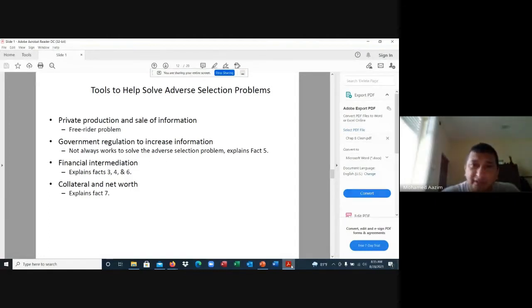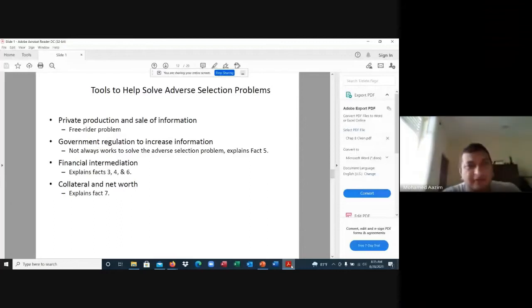Even if you see online sites, even for research, thesis writing, running models, there are publicly advertised sources where you can get their services for a fee. Right. So to solve this adverse selection problem, yes, one is private production and sale of information.